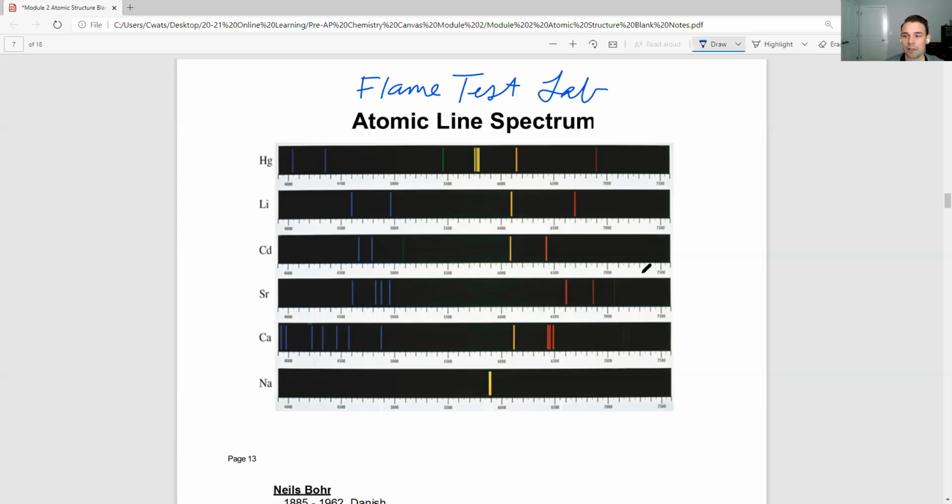From those lines, you can tell the elements within that compound or mixture. I'm going to have a little video on this below in the presentation. And you can also look for the flame test lab that will be in this lesson 2 as an assignment.